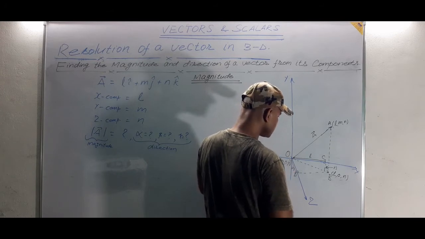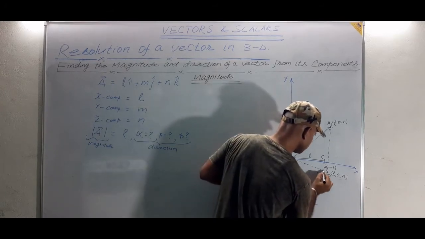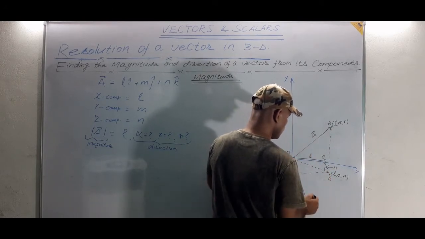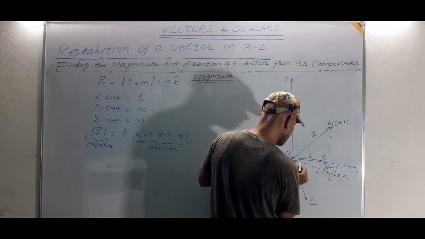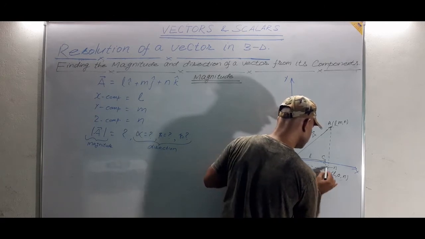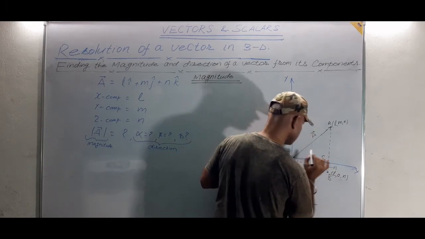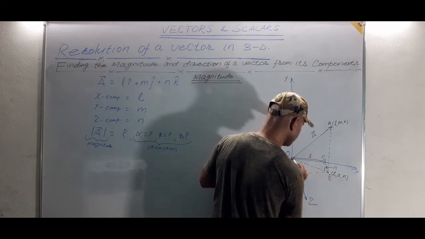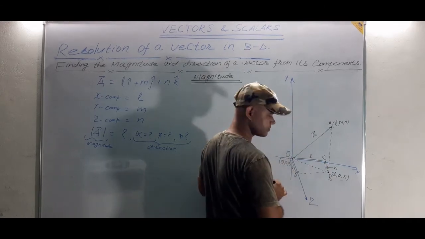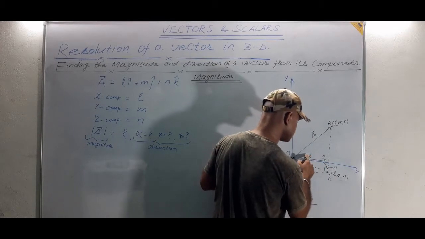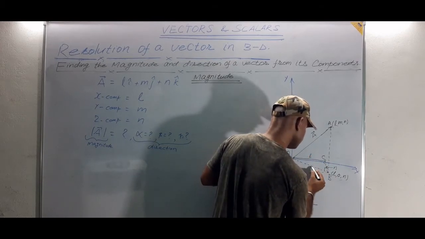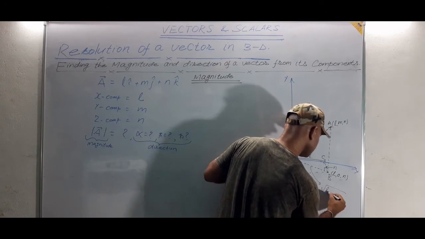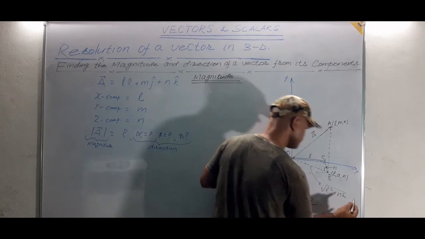Now, in order to calculate this OB, which is the base of this right angle triangle, we can see there is one more right angle triangle, OBC. So N square plus L square, root of that will be equal to OB. Pythagoras theorem. So this is equal to root of L square plus N square.